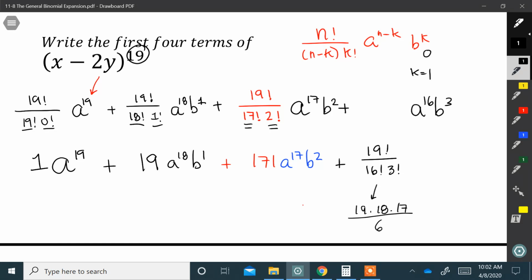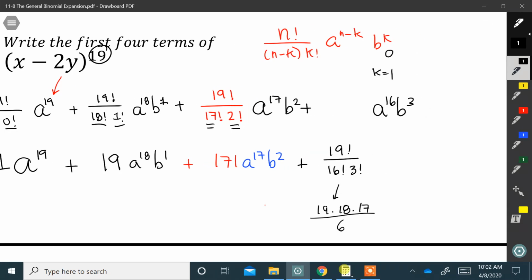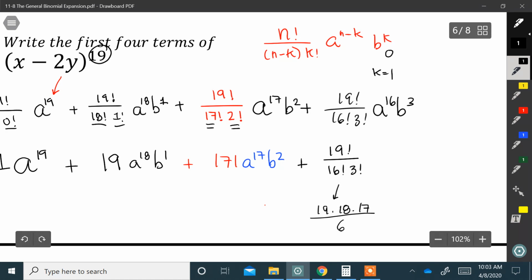So 19 times 18 times 17 is 5,814 divided by 6. This is going to be 969, a to the 16, b to the third.